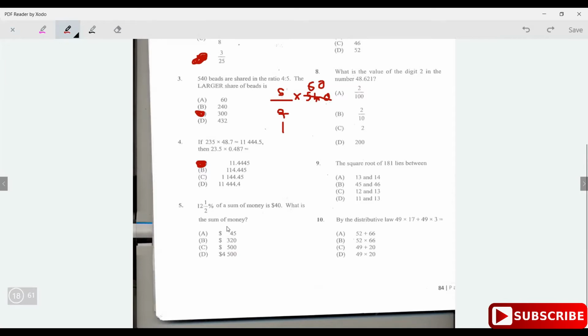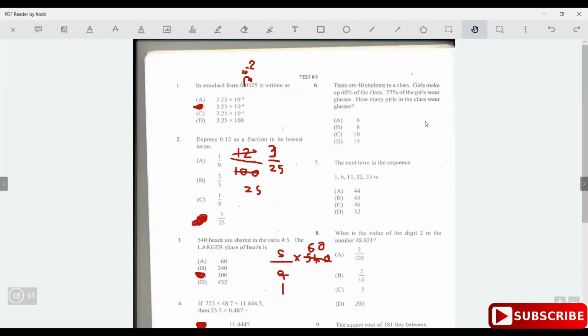If 12.5% is 40, what is 100%? Now 12.5% is 1/8. And so to find out the total amount of money, you can just multiply it by 8. That will give you the whole. And 40 times 8 is 320. So that means the total sum of money is $320.